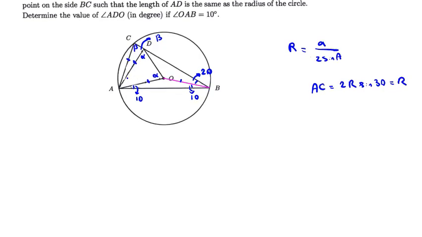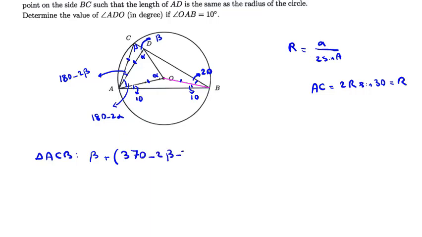And we can say, okay, this angle is what? This angle is 180 minus 2 beta. This angle is 180 minus 2 alpha. In triangle ACB, if I add all the angles, the first one here is beta plus 180 minus 2 beta, 180 minus 2 alpha plus 10 will be 360, 370 minus 2 beta minus 2 alpha plus 30 equals 360.